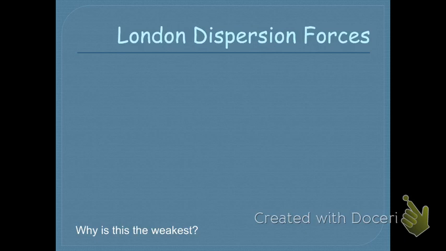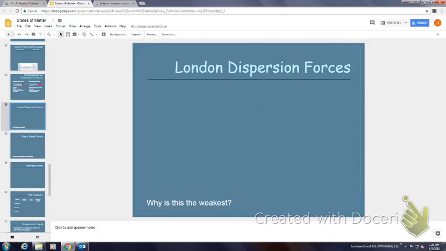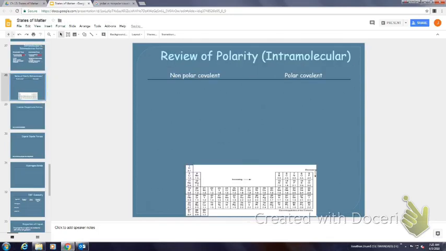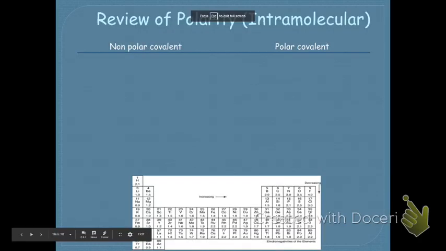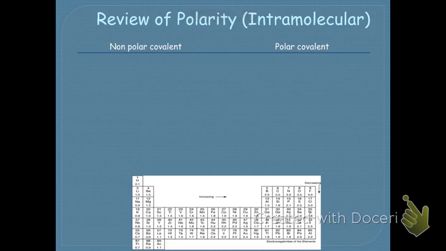But before we start, I think maybe something's out of order here. What we need to talk about is polarity. In terms of intramolecular forces, we have two types of covalent bonds, nonpolar and polar.